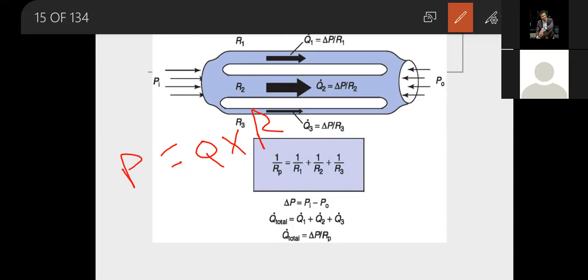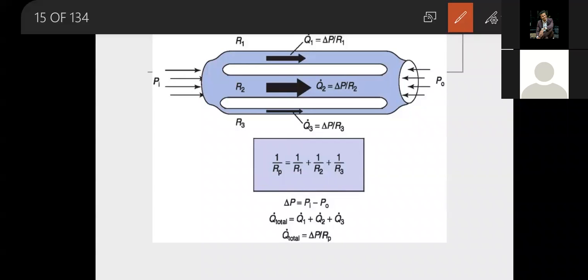So if the resistance increases as the radius decreases, it's reasonable that the pressure increases, right? And we said that the capillaries have the smallest diameter. So why do they still have the smallest pressure, and fluid exchange occurs at the level of the capillary? Do you know why? This occurs because of the arrangement of capillaries in a parallel circuit.